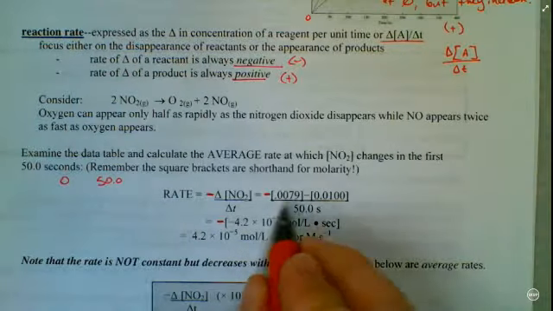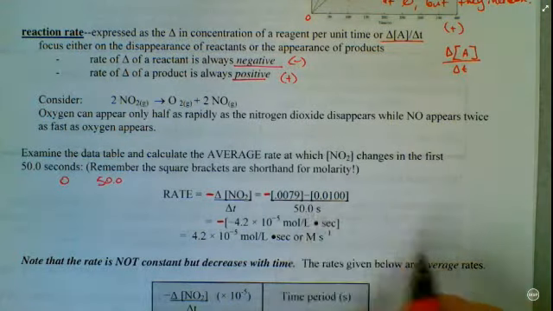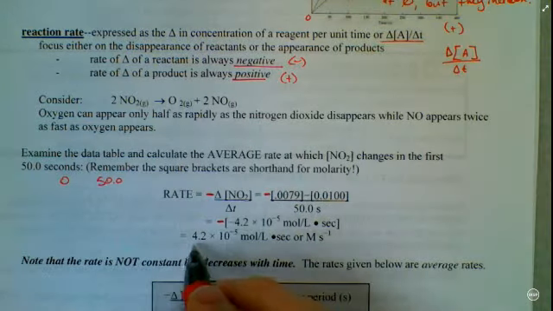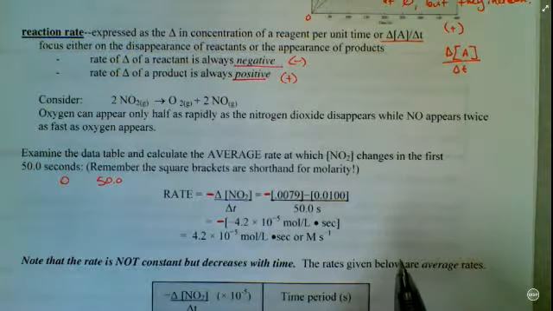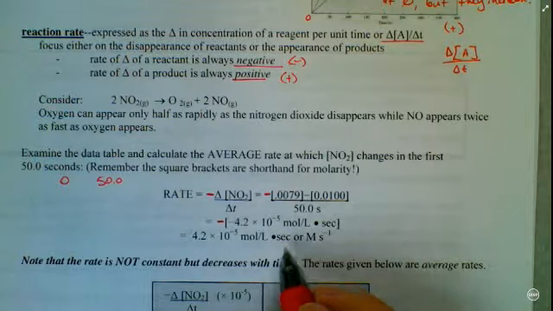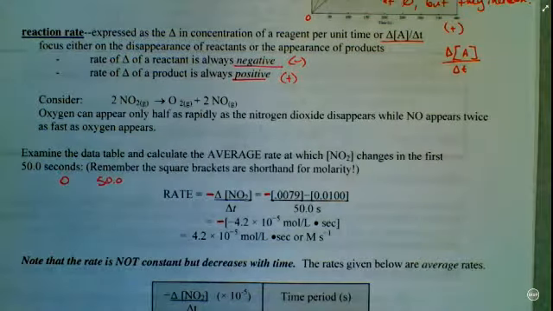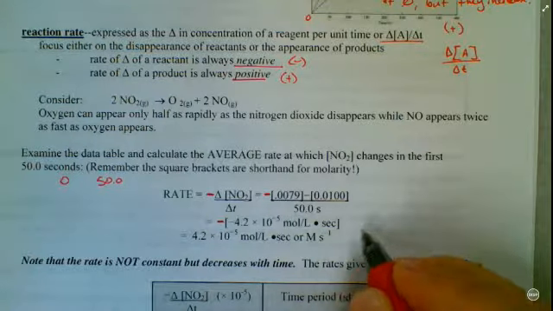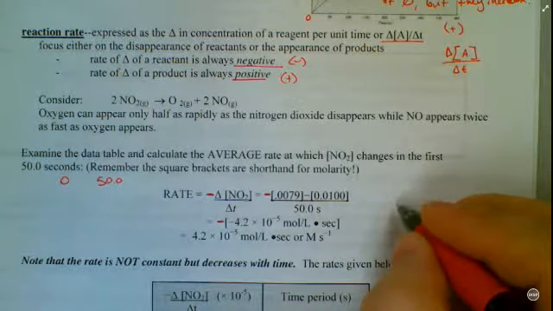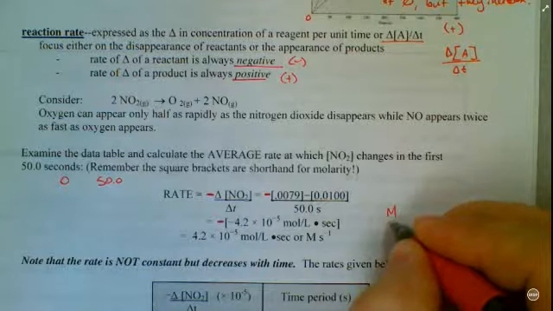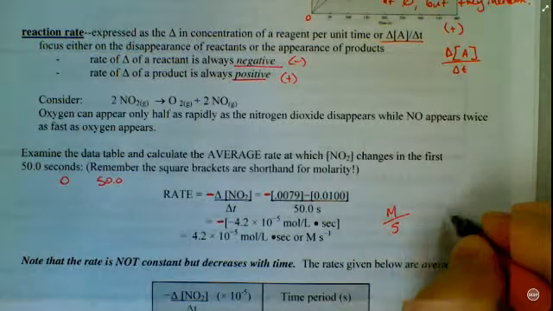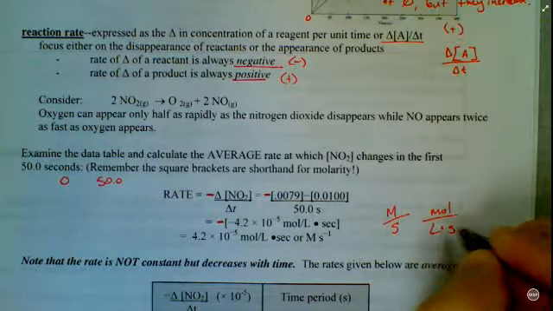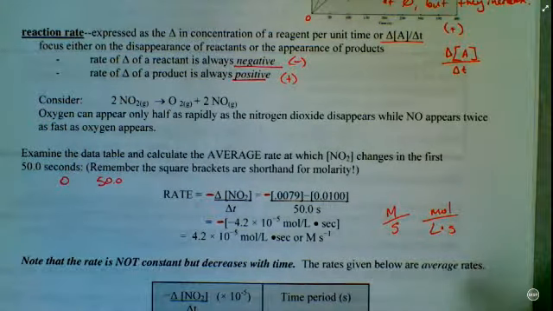So a simple calculation, that minus that divided by that, ends up being a pretty small number: 4.2 times 10 to the negative 5 moles per liter times seconds, or molarity times seconds to the minus 1. I can write that as molarity per second, or as moles per liter times seconds. They're all the same thing.